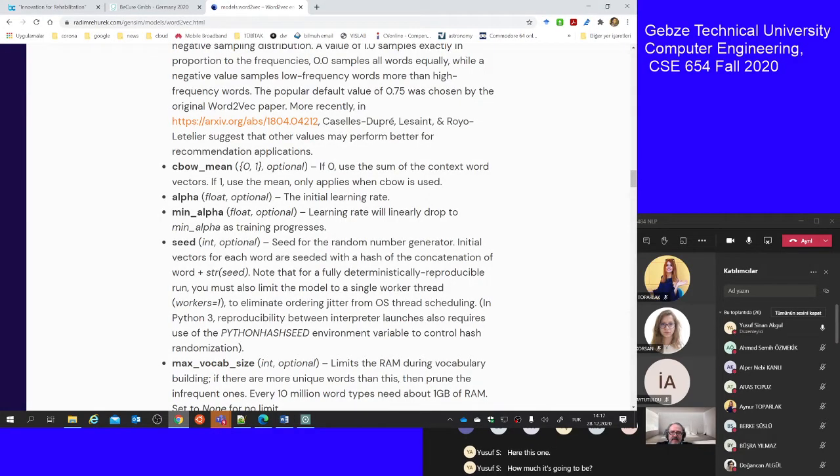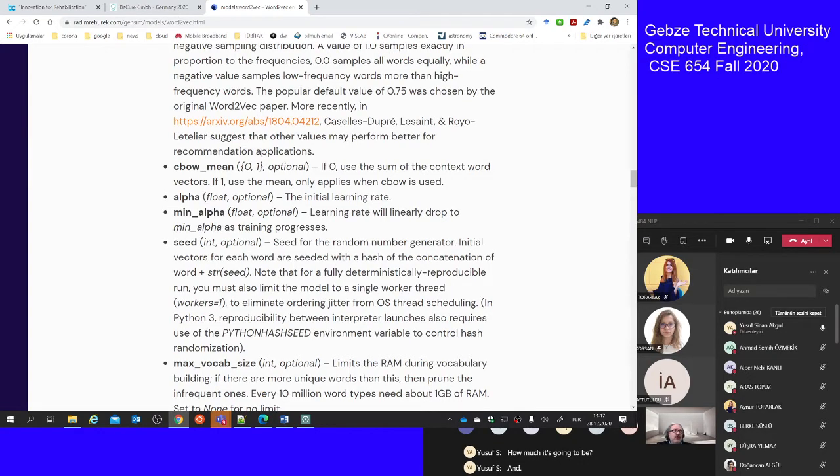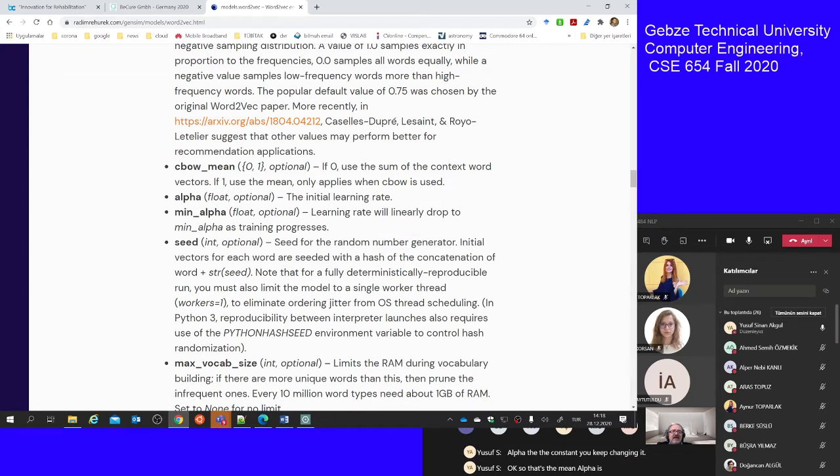And min alpha: you don't keep your alpha constant, you keep changing it. So you start alpha from 0.1, but at the end it is going to be 0.001. It can drop down to the minimum alpha.